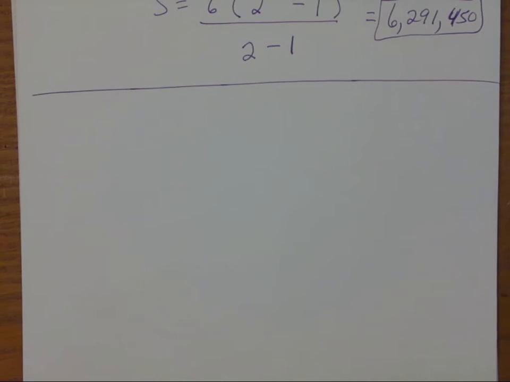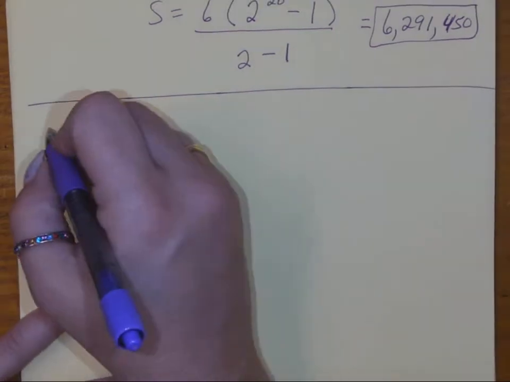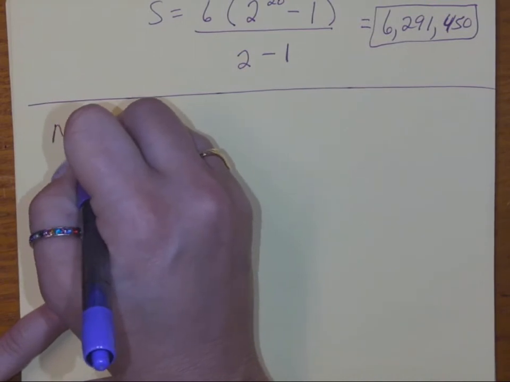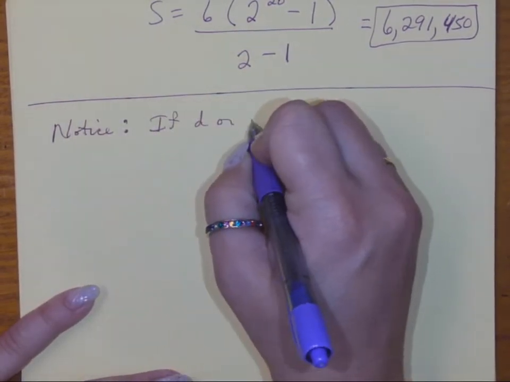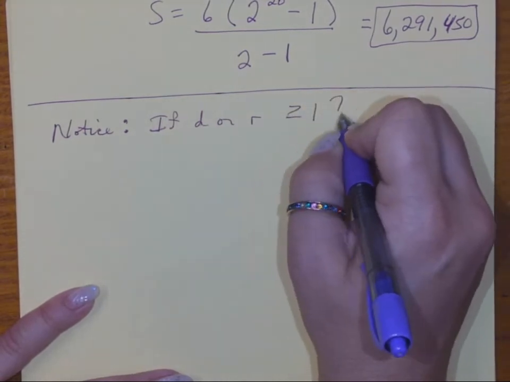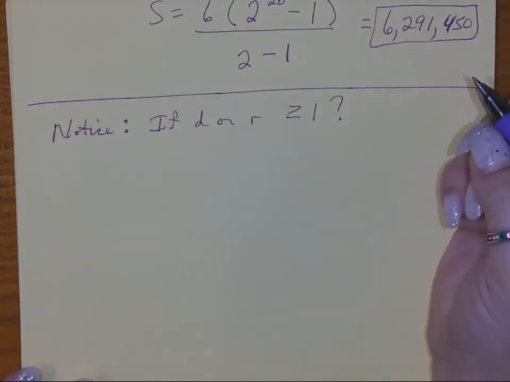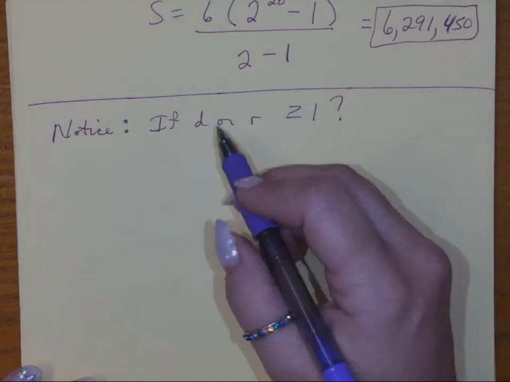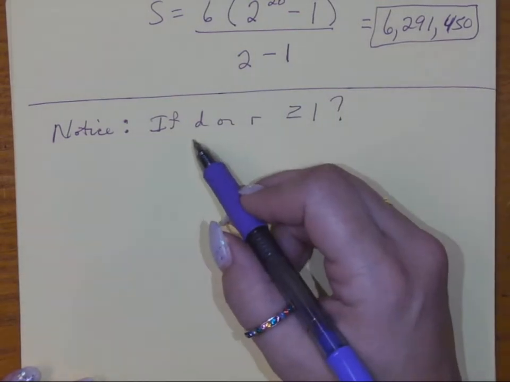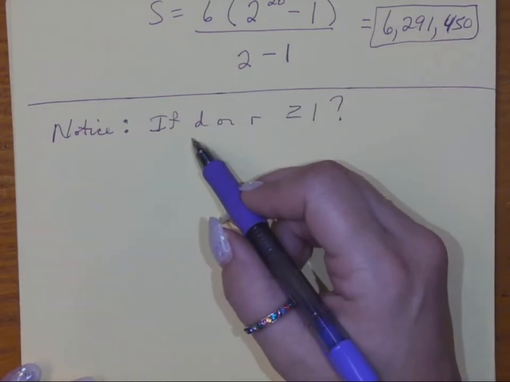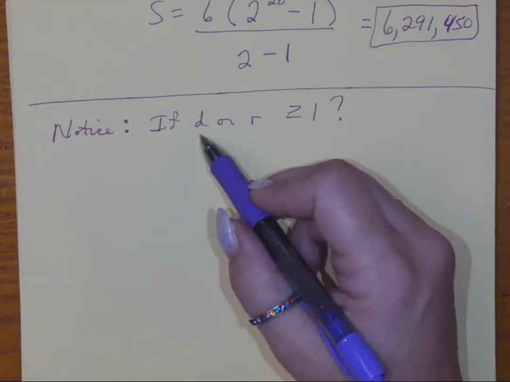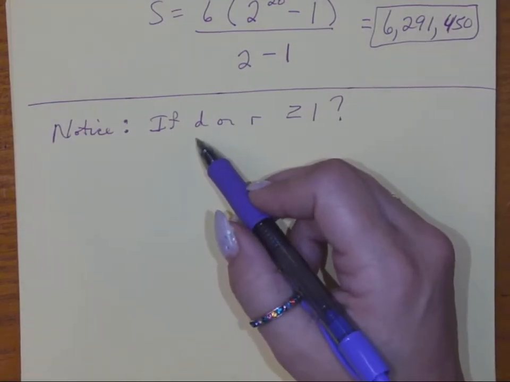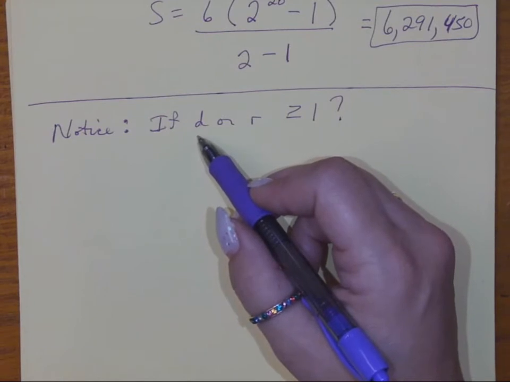So what if either the d or the r is greater than or equal to 1? Notice, if the d or the r is greater than or equal to 1, then the series will continue to get larger, right? So if my difference is 3, then my series just keeps getting larger. 2 plus 3 is 5 plus 3 is 8, so on and so forth.